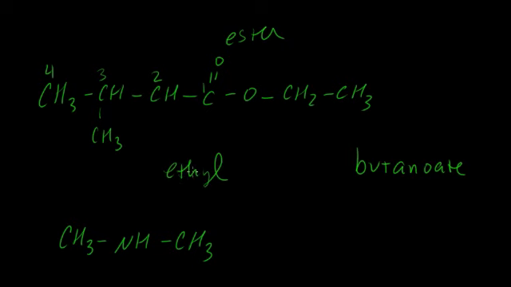So we have an ethyl butanoate, meaning that the ethyl is on this side, 2 carbons, and then the backbone with the oate on it being 4 carbons. And then we have the methyl group off of the third, so it's going to be ethyl 3-methylbutanoate.